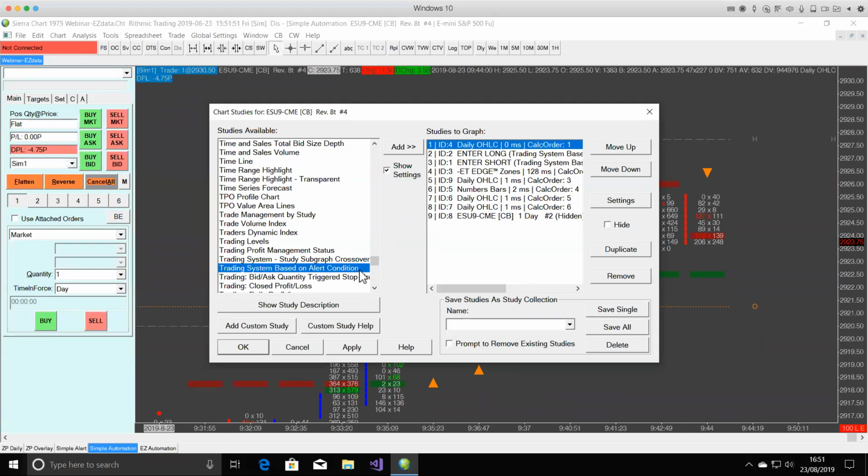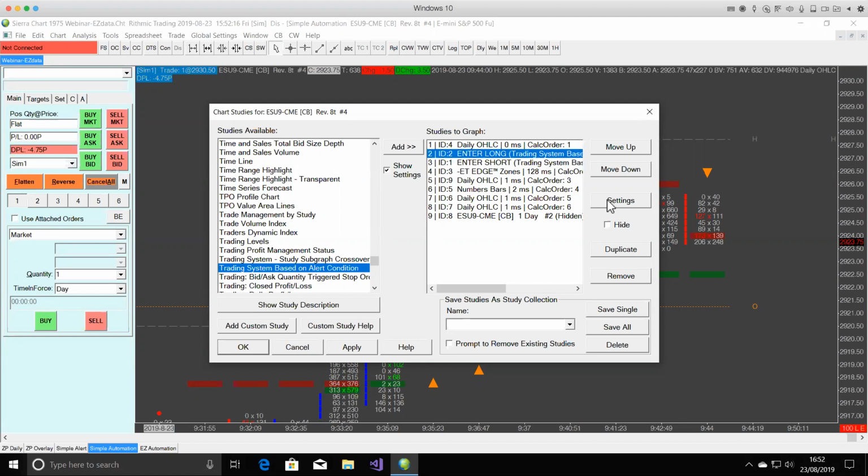We saw a few minutes ago how we can write alert formulas using this Fiera Chart alert syntax. So we can use this study to use that same formula language to build some trading rules.